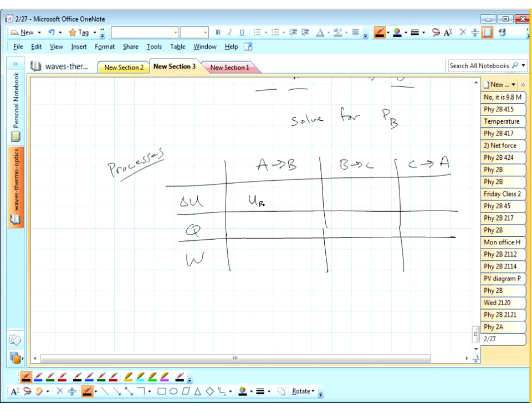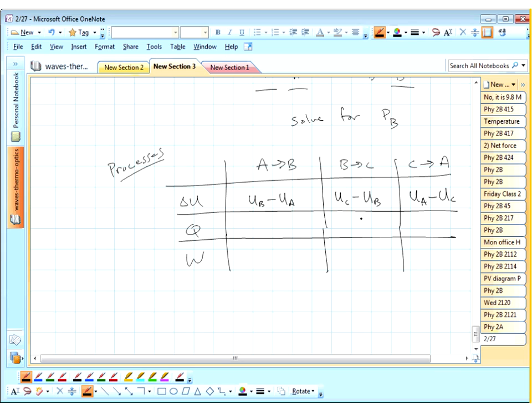So this one is just final minus initial, UB minus UA. This is UC minus UB. It's important you get them right because these might be positive or negative. We don't know which they are. You've got to get the numbers right. And this is UA minus UC. So could be positive, could be negative.